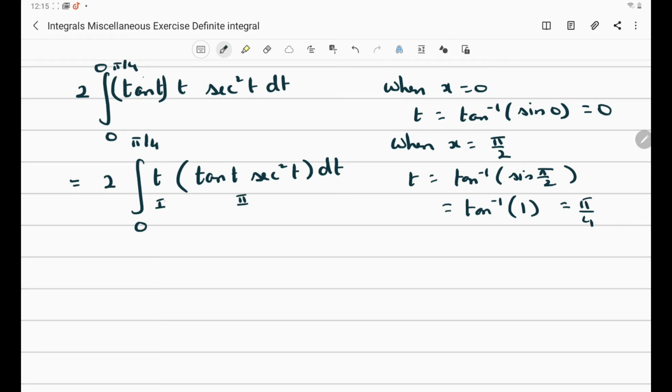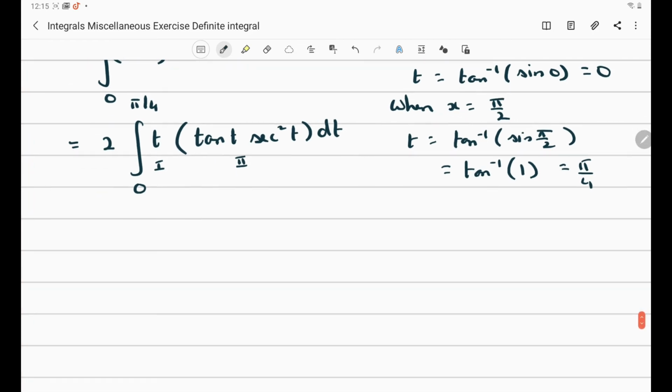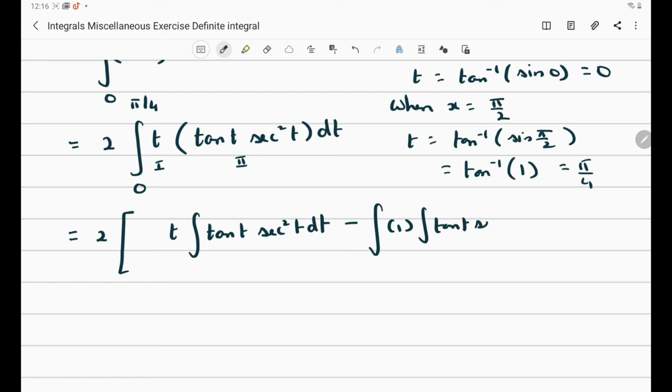So applying integration by parts, we can write this as 2 times first function t into integral of tan t secant square t dt minus integral of derivative of t, which is 1, into integral of tan t secant square t dt, whole thing into dt, and we have the limits as 0 to pi by 4.